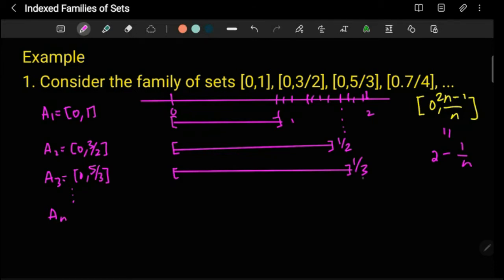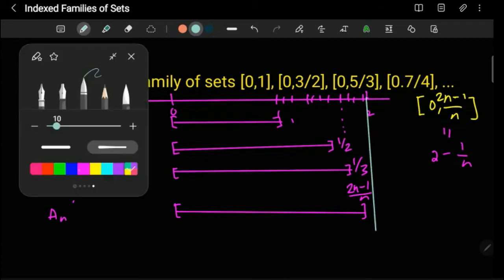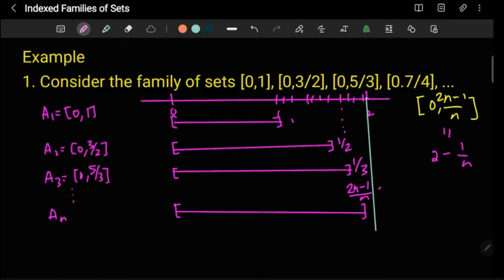Right? Yan. So, this is 2n minus 1 over n. That's actually less than 2. Hindi pa yan naabot ng 2, ha? Yan, just to be clear. So, this is less than 2.